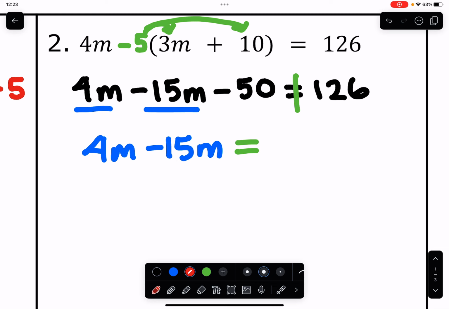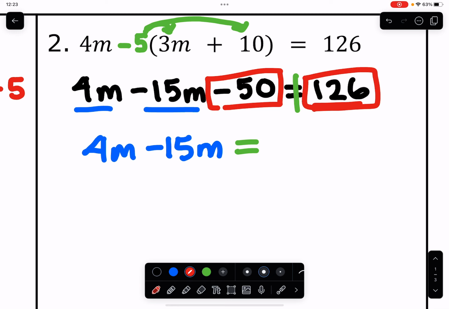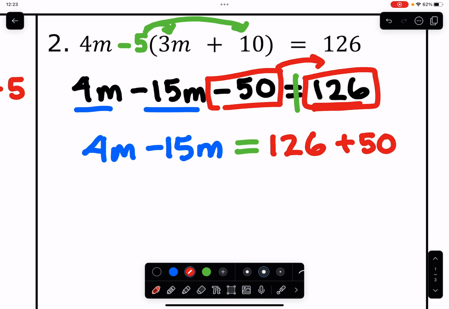And I want my constants, which are these two, let me underline them and box them in, to be on the right side of that equal sign. Well, 126 is already on the right side, so that's simply brought down. But this 50 needs to be moved to the right side. By moving it to the opposite side, it becomes the opposite sign. So negative 50 becomes positive 50.